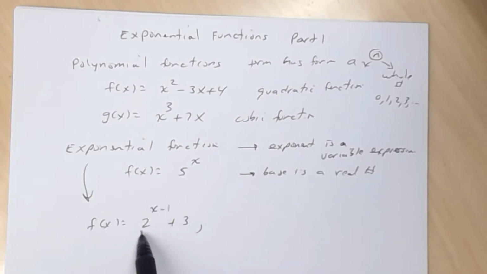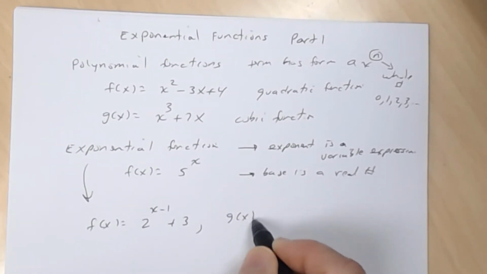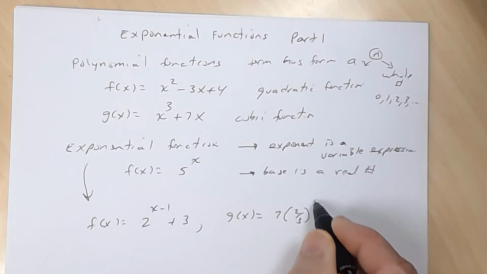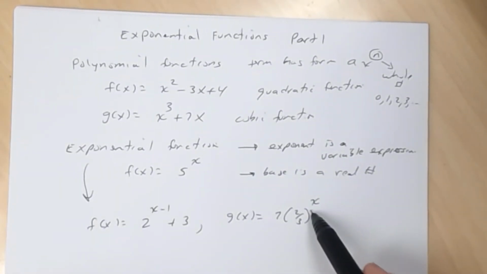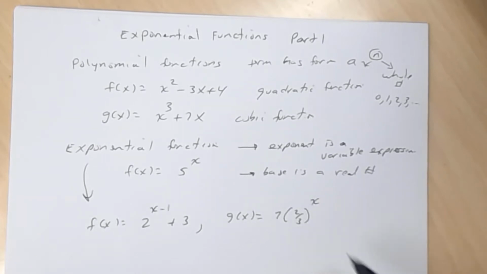All right, this is your base. The base is a real number, 2 in this case. G of x equal 7 times 2/3 to the x power. Same thing. The base is a real number. Your exponent contains a variable. All right, so these are exponential functions. The graphs look different, and so we're going to talk about that at some point.